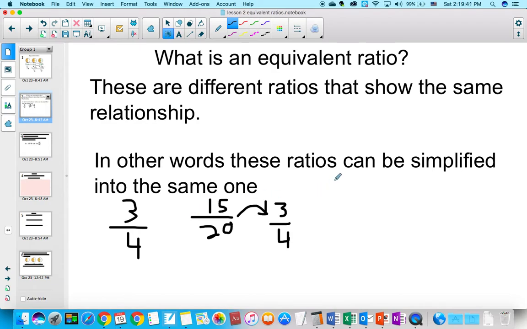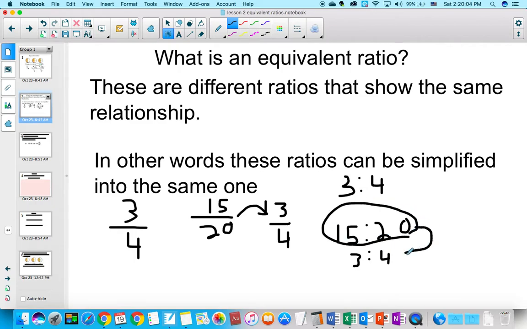And this can also be said if I had the ratio of 3 to 4 and 15 to 20, right? Once again, I can simplify this ratio to 3 to 4, right? I can simplify this one into this one, and so you can say that 3 to 4 is equivalent to 15 to 20 in the same way as 3 over 4 is equivalent to 15 over 20, right?